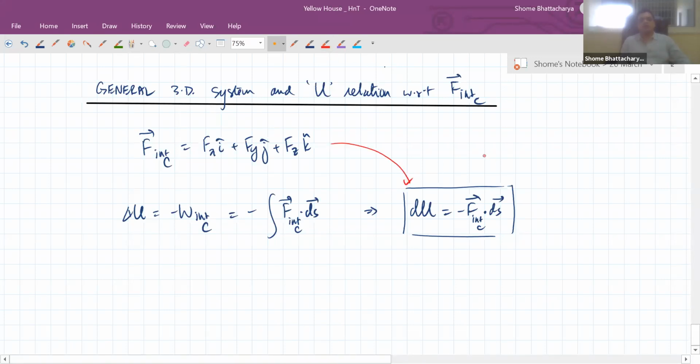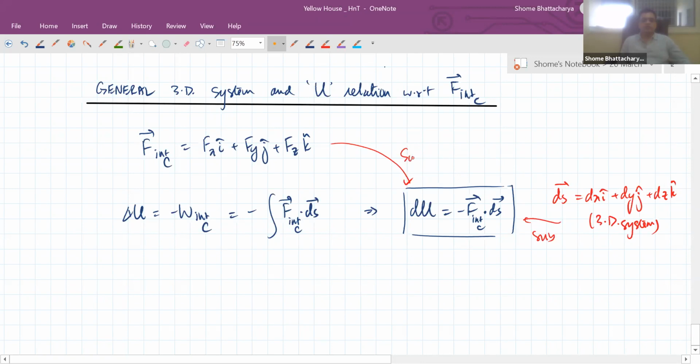And because it's a 3D system, my displacement ds will also have three components, dx, dy, and dz. So my particle or body could be moving with all three components or any combination. So this will also be substituted here.